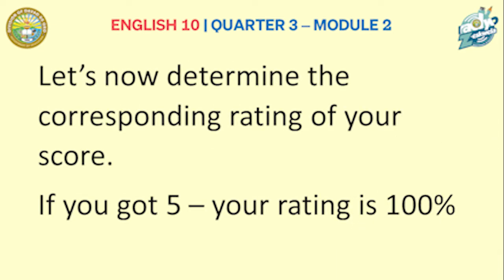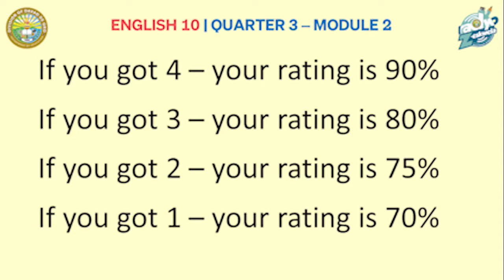Let's now determine the corresponding rating of your score. If you got 5, your rating is 100%. If you got 4, your rating is 90%. If you got 3, your rating is 80%.